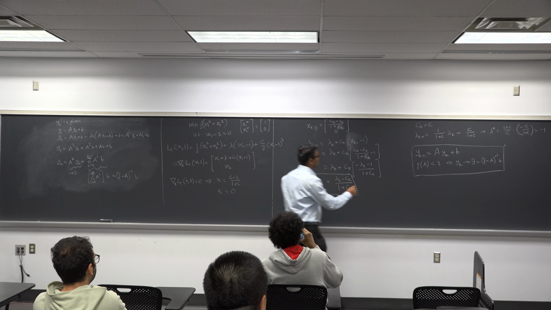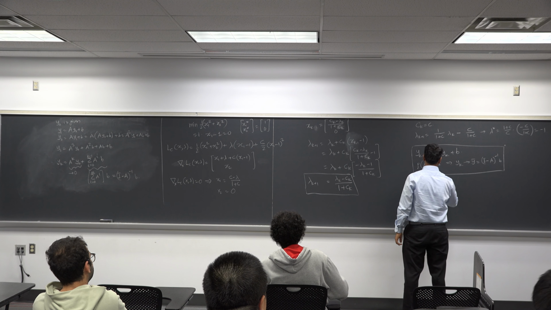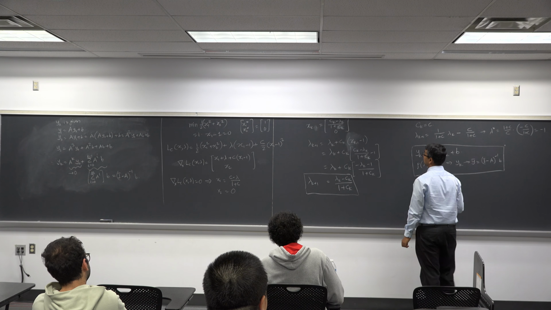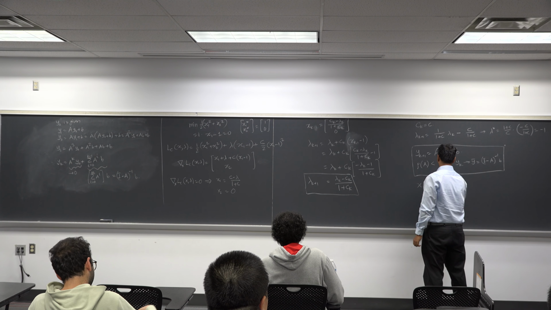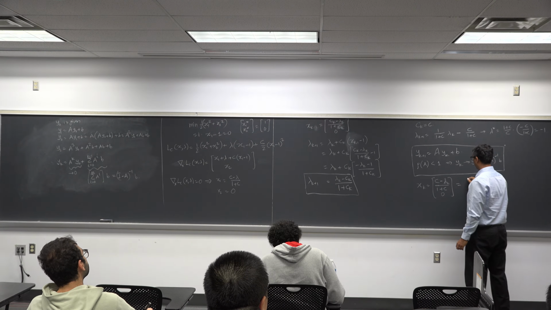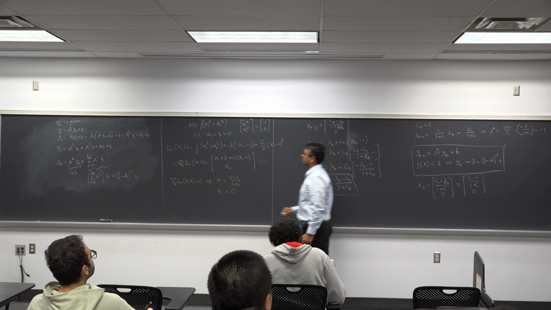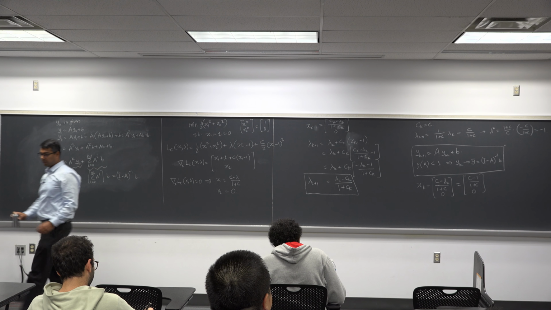What about xk? So xk converges to what? So xk equals (c minus lambda k) over (1 plus c), and 0. What is this converging to? This is converging to (c minus 1) over (1 plus c)... There seems to be a problem.